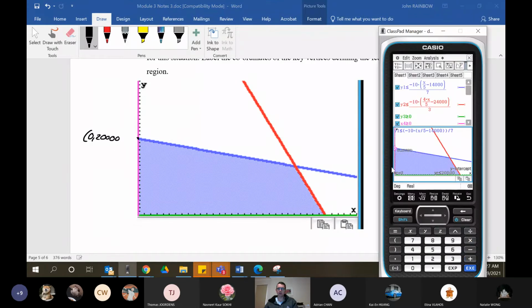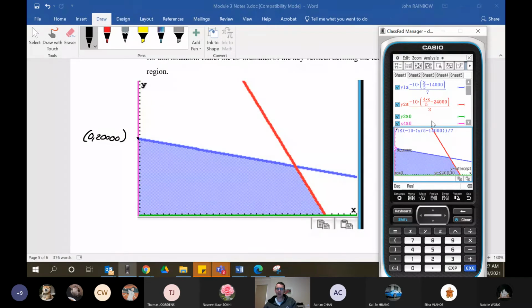What's really good to do is also to label your lines. You can see that this line is blue, matching the blue of that color. This is red, that is red. This is green, that is green. This is, I don't know, purple or something that goes there. So I'm just going to write my inequality on here, just so I know which one's which.